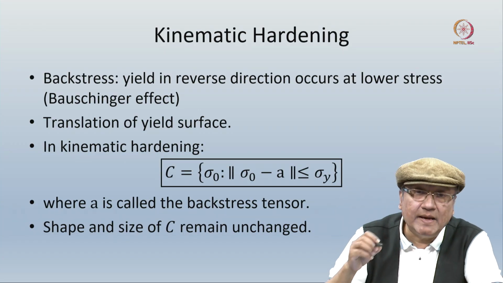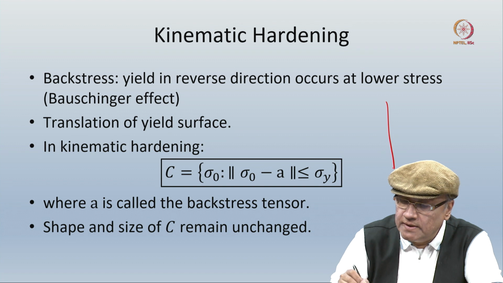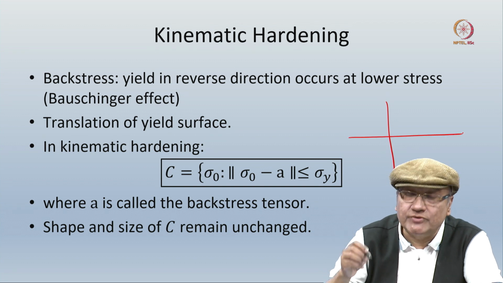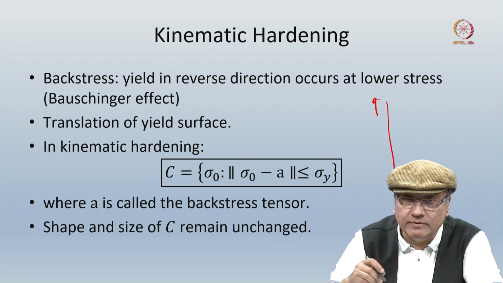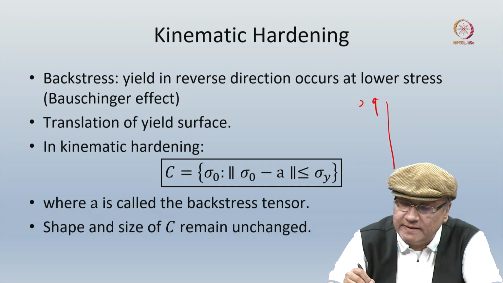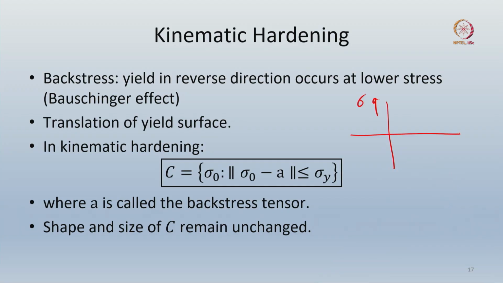So, what basically happens here is that if you plot again the stress strain, in a rather schematic, very inaccurate way, but it still gives you some understanding, as if it is a one dimensional setting.